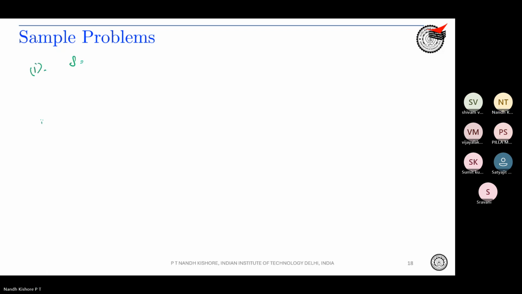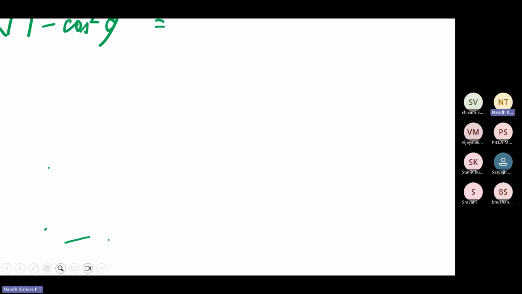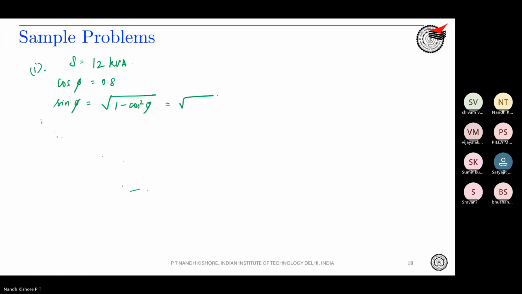So this is 12 kVA apparent power. Cos phi is 0.8. So if cos phi is 0.8, sin phi is root over 1 minus cos square phi, that is root of 1 minus 0.8 square, which is 0.6. This is my sin phi.